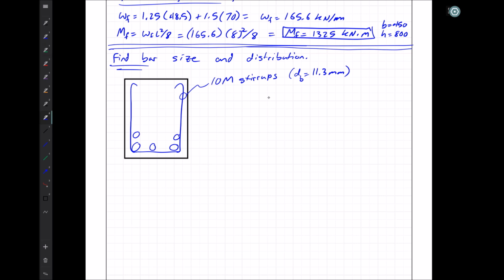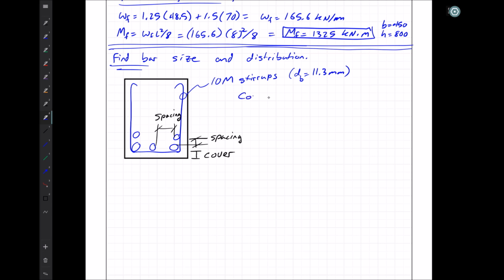What we need to provide for in this beam is cover, and we need to ensure that we have the appropriate levels of spacing, and additionally spacing here. We can specify those values, and to do that we have to ensure that we meet the minimums.